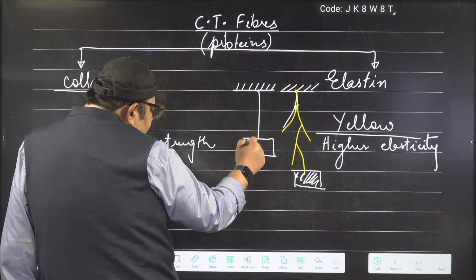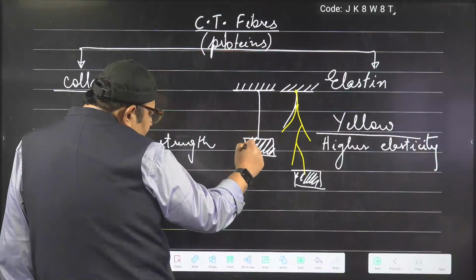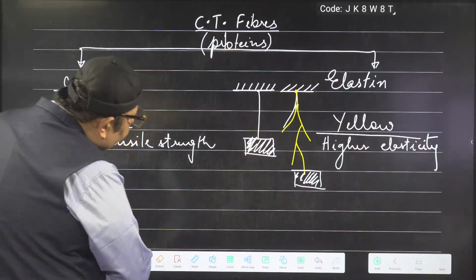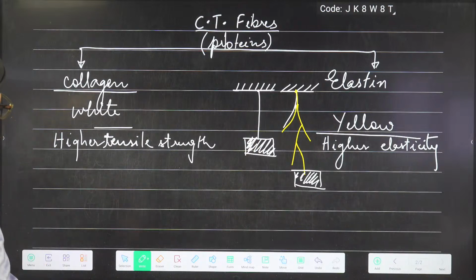If you understand this, you understand tensile strength also. Think, and YouTube students and Zoom students should also tell me the answer. Which one can bear more weight? I am meeting you in the next minute.